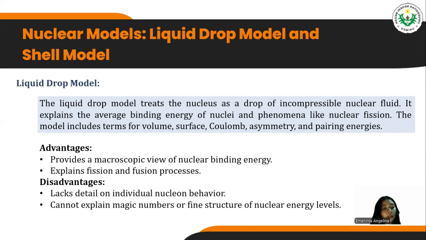The advantage of the liquid drop model is that it provides a macroscopic view of nuclear binding energy and explores fission and fusion processes. The disadvantage is that it lacks detail of individual nuclear behavior and cannot explain magic numbers and the fine structure of nuclear energy levels.